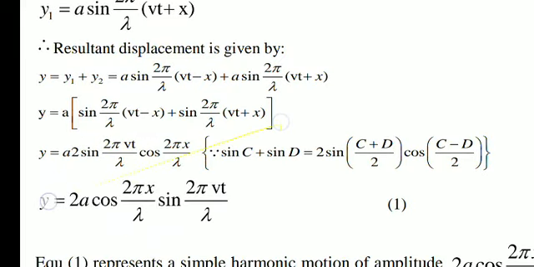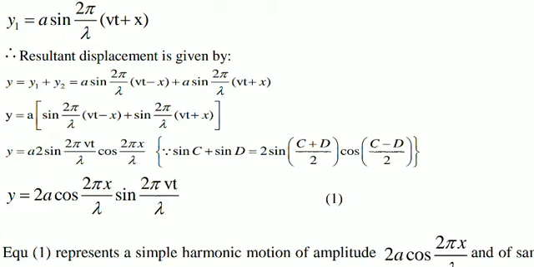This complete thing, 2 pi by lambda (Vt minus x), is replaced by the letter c, and 2 pi by lambda (Vt plus x) is replaced by the letter d. So it is sin c plus sin d, which is 2 sin of (c plus d) divided by 2 into cos of (c minus d) divided by 2.